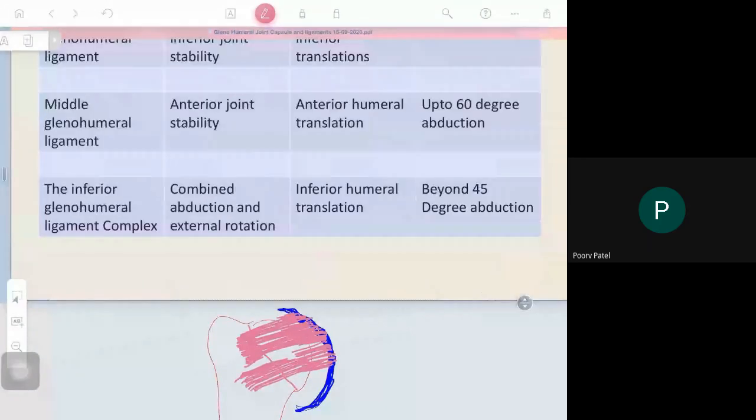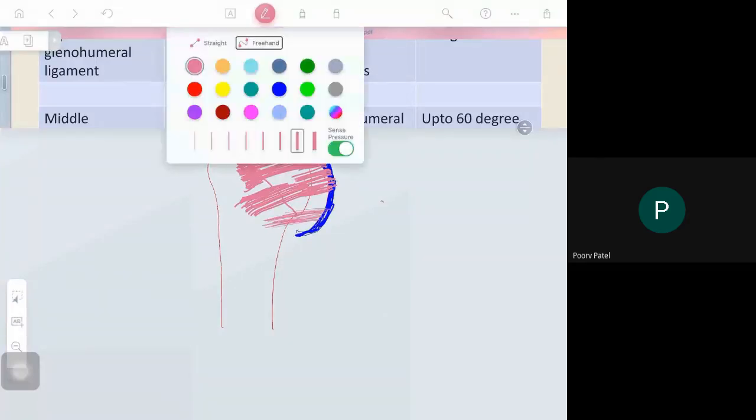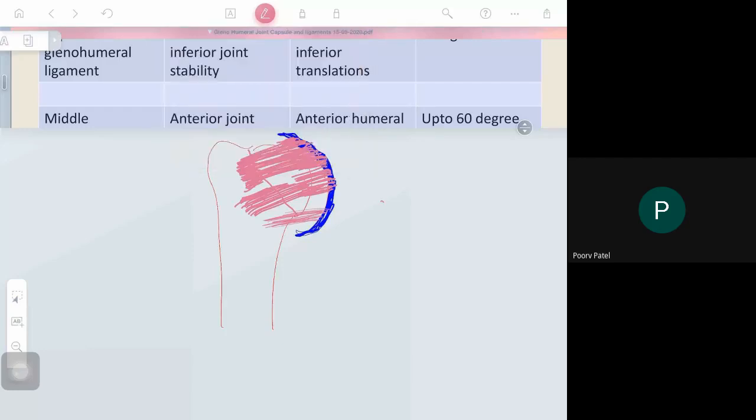So now how can I draw here? You can see only the anterior here. So this is the anterior ligament, and the inferior is like this. The inferior is called the axillary pouch. Okay, I'll show in this slide.